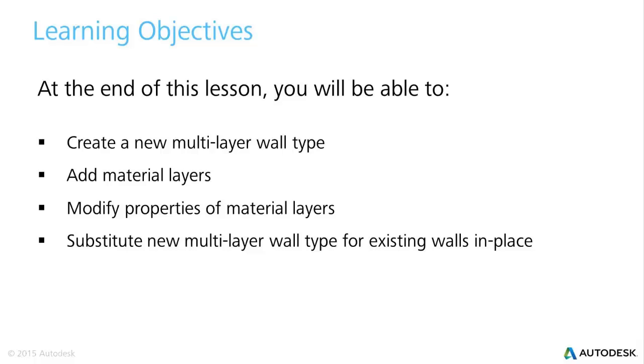This will serve as a good foundation for an introduction to creating your own custom wall types. In the advanced series of the fundamentals lessons, we actually cover creating complex walls in more detail, so be sure to check that out. With that, let's get started.